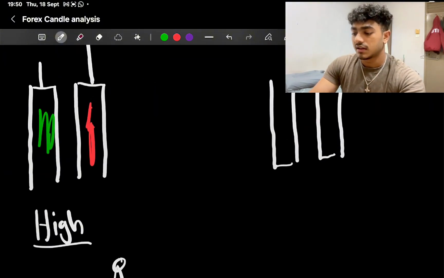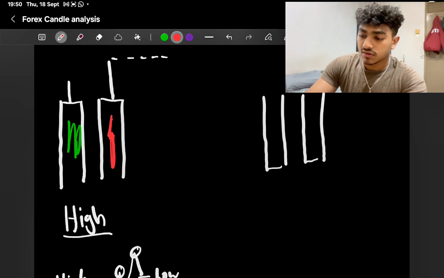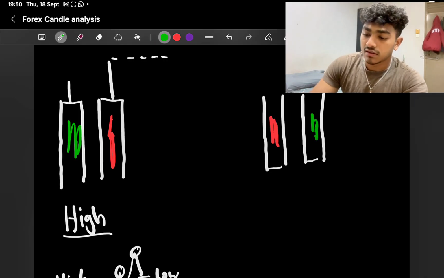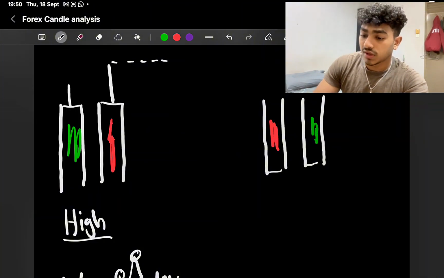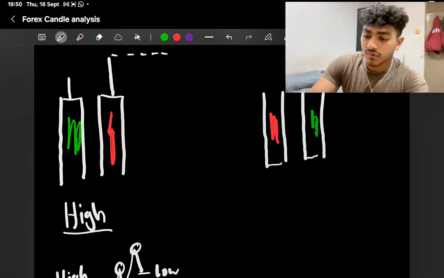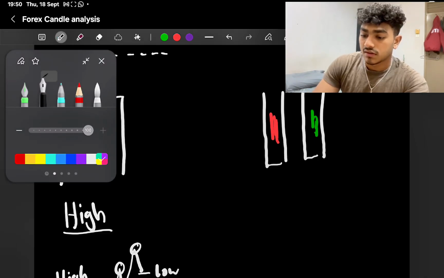Now when we go for a low, it consists of a red candle and a green candle, and obviously because it's a low, you look at the bottom wicks.